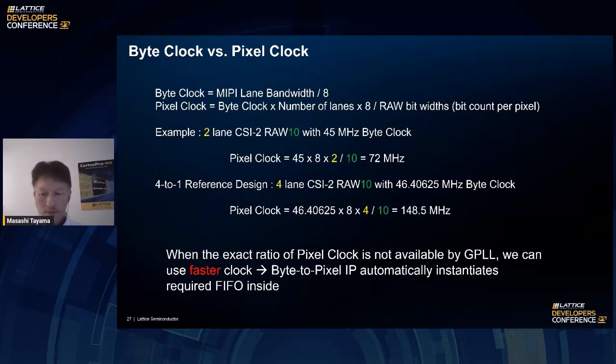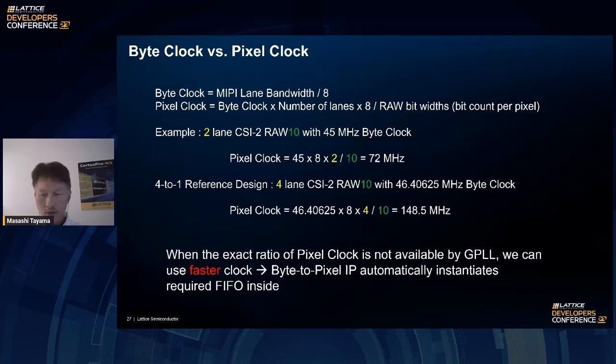Here, we can use byte-to-pixel IP for domain conversion, and that means we need to provide a pixel clock to this IP. We can calculate the required pixel clock speed by the calculation method mentioned here using pixel data type, number of lanes, and byte clock frequency.